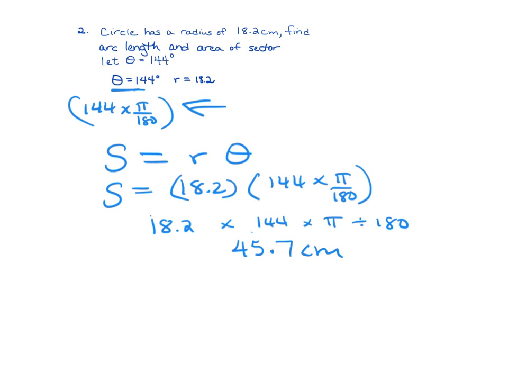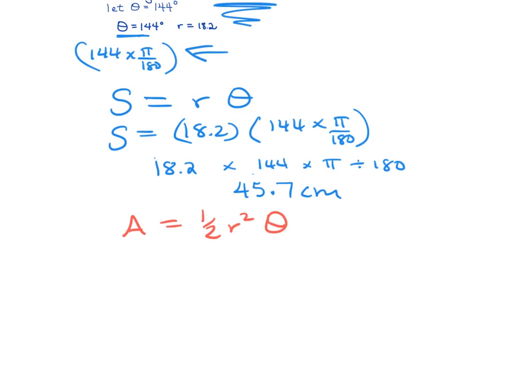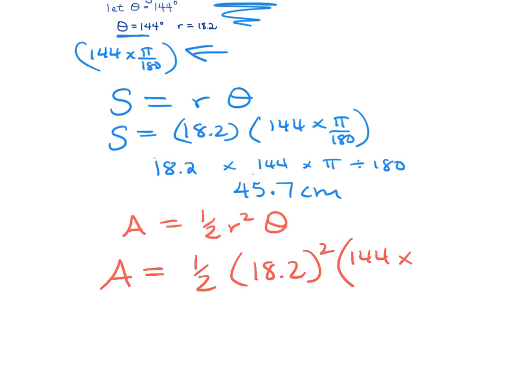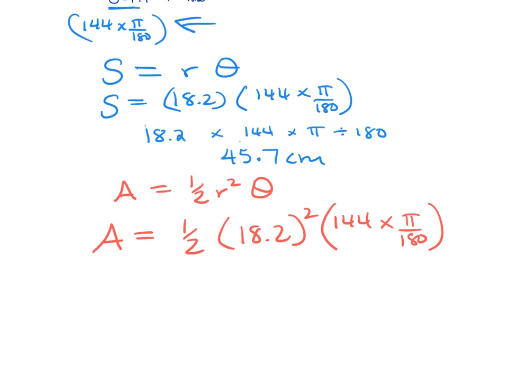And now I'll find the area of the sector. The area of the sector formula is 1/2 radius squared times theta. Again, the theta is still in radians. So area equals 1/2 times 18.2 squared, and I'm going to do my 144 conversion in here. You can either use your square button for the 18.2 or just times it by 18.2 two times.